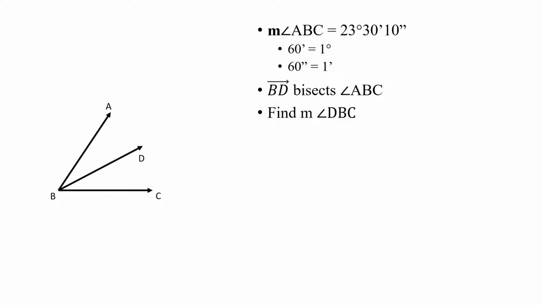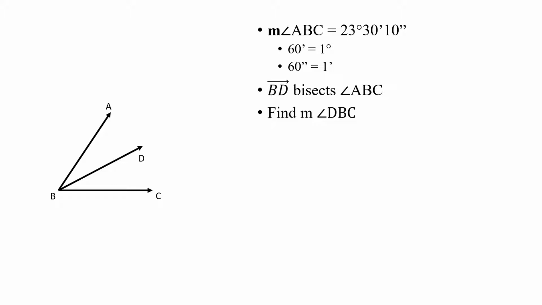That makes doing arithmetic with these angle measures a little bit more difficult because they're not in a base 10 format. In this case, once the number of minutes gets to 60, it doesn't go to 61. It adds 1 degree and then starts over back at 0. So we'll see how that works out when we're trying to solve this problem.